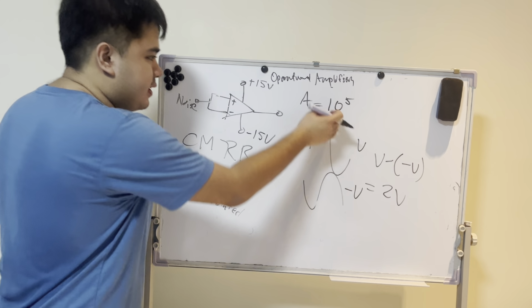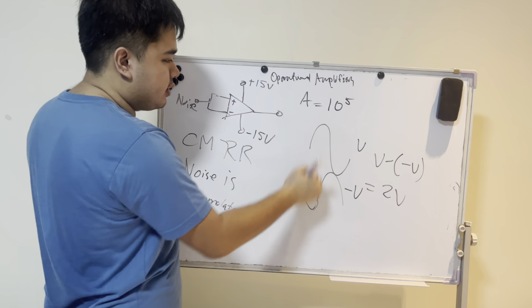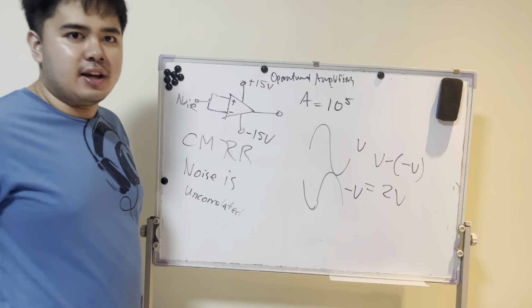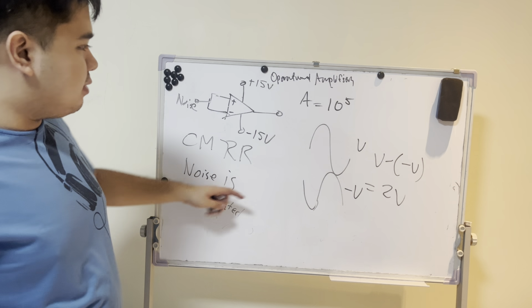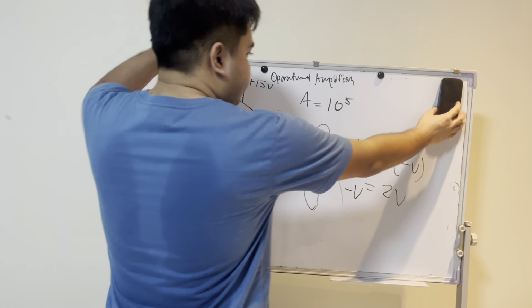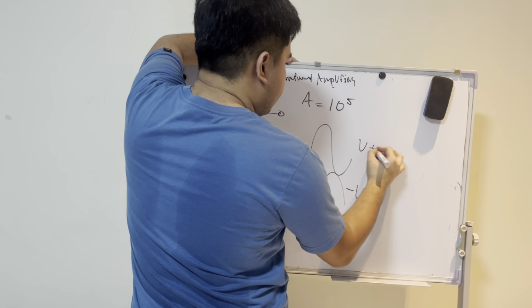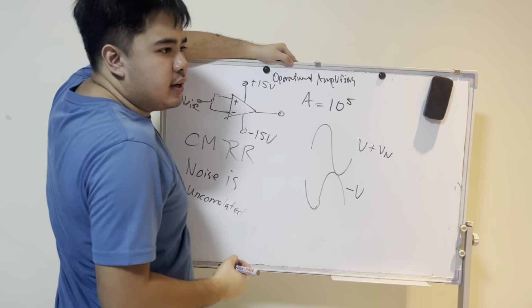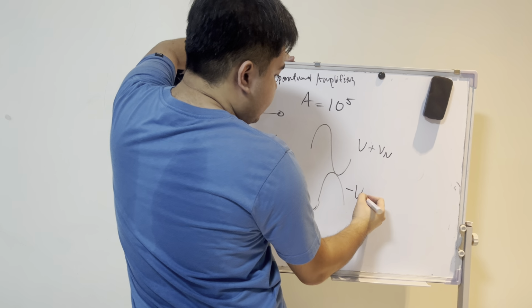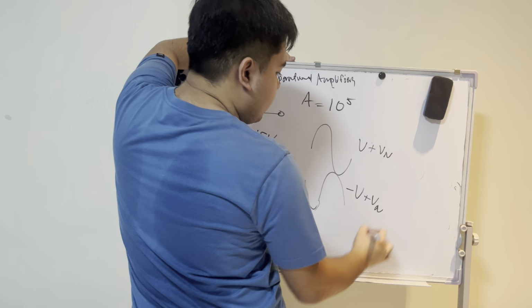The noise that inputs in here and the noise that inputs in here are not related at all. They may as well have the same polarity. So let's put noise as Vn. That means it doesn't have negative Vn here, it's just plus Vn.